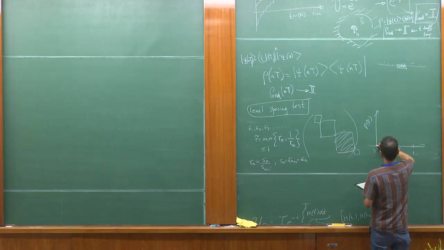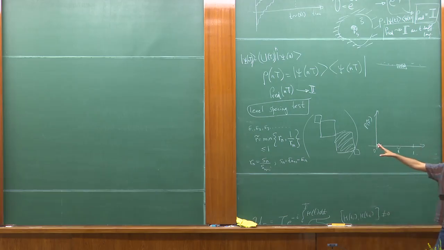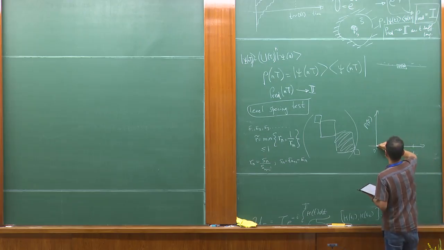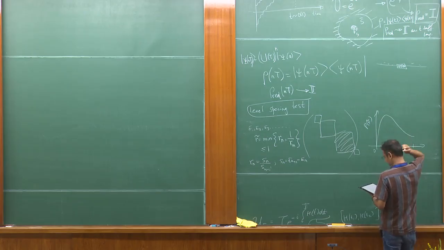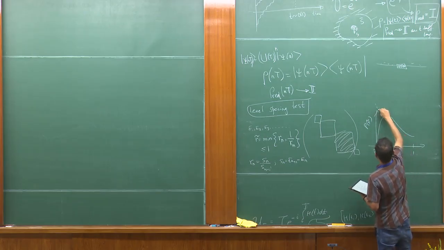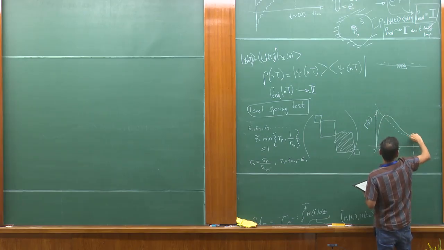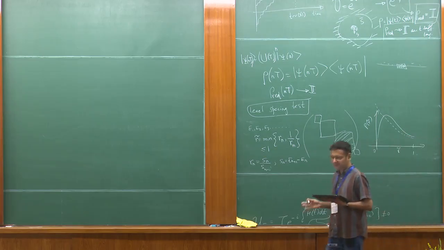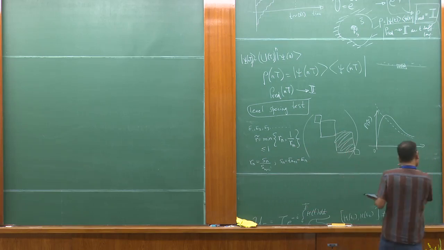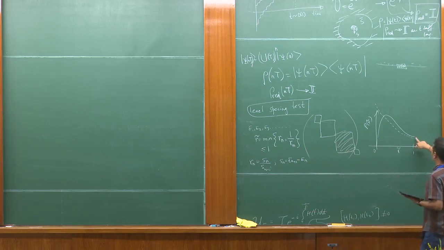If it's a non-integrable theory, regardless of whether there's Floquet driving or no Floquet driving, it sort of looks like this. And if it's an integrable theory, it sort of looks like that. And these are two universal functions. I won't go into what those universal functions are. They can be derived.